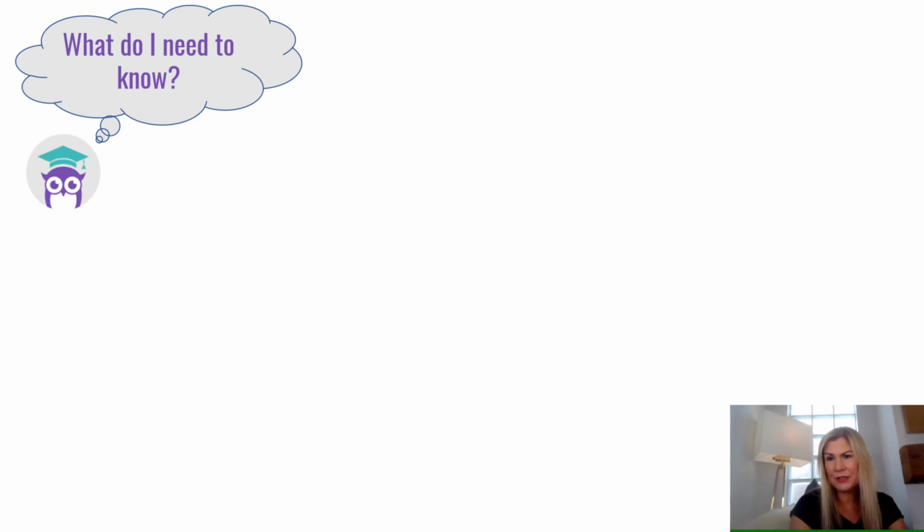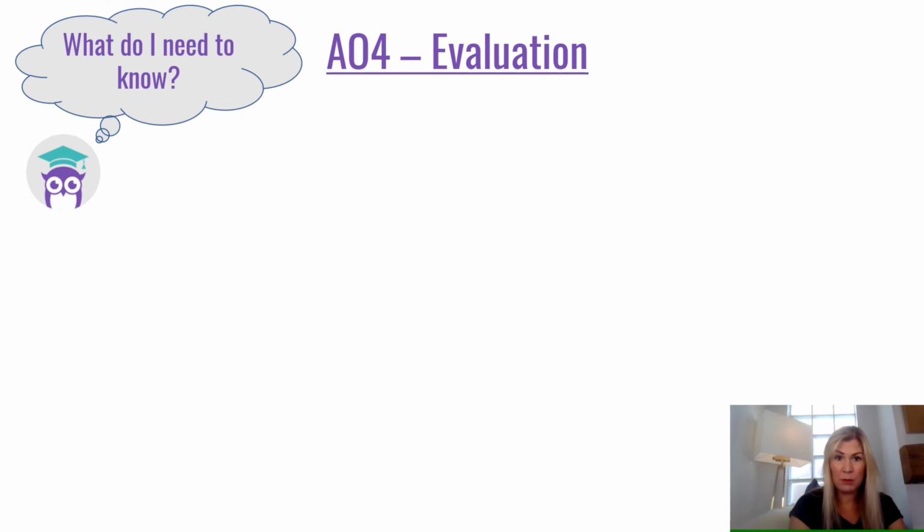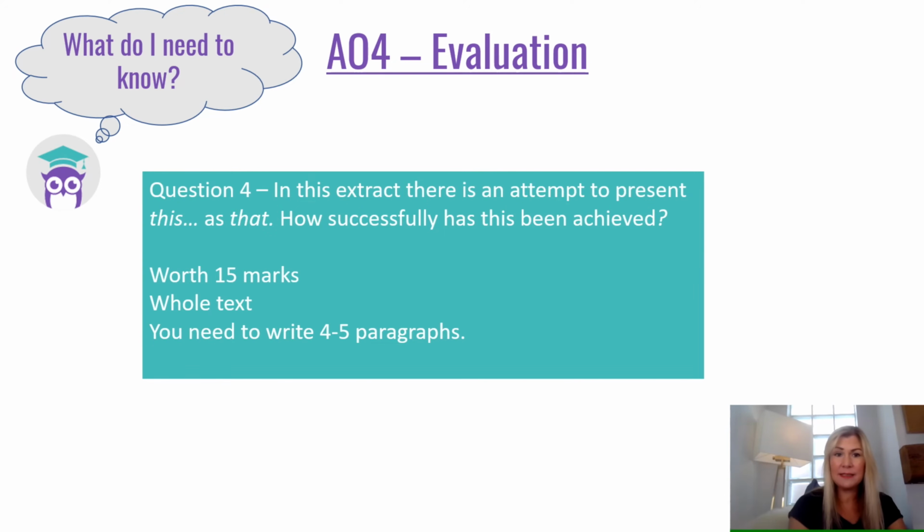Okay, so what do you need to know for this 15-mark question? Well, first of all, it's assessment objective 4, which is all about evaluation. The question is always relatively similar. It will state that something has been attempted in the extract, and then it will ask you how successfully that has been achieved.